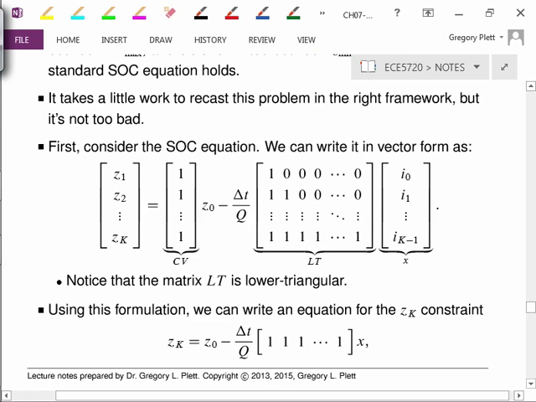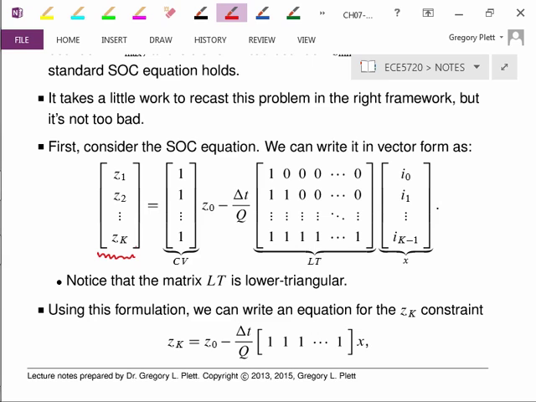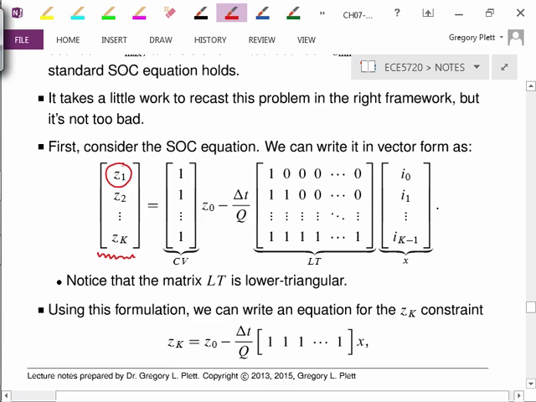So let's look at the state of charge equation. We are going to define a vector here of state of charge at time 1, at time 2, at time 3, all the way up to time capital K, which is the end. And for every one of these, we write out in long form how that state of charge depends on the input current vector x.